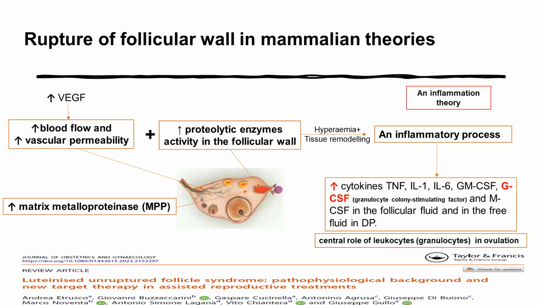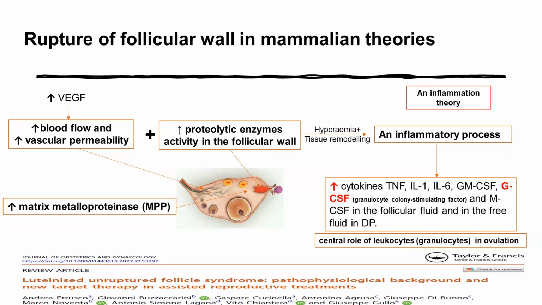And if we go back to the basic knowledge of how the normal follicle ruptures from the ovary, there is increased vascular endothelial growth factor that leads to increased blood flow and vascular permeability, in addition to increased matrix metalloproteinase and increased proteolytic enzyme activities in the follicular wall. All these things lead to hyperemia and tissue remodeling, which leads to an inflammatory process.